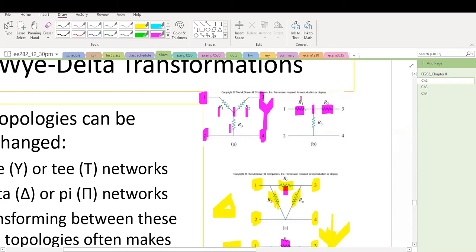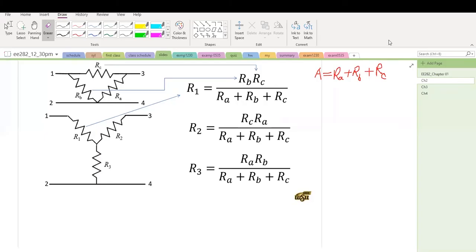So this is the same point here, and that's the middle point, and R3 goes to the same terminal. Delta connections can be converted into Y connections, and Y connections can be converted to delta connections.